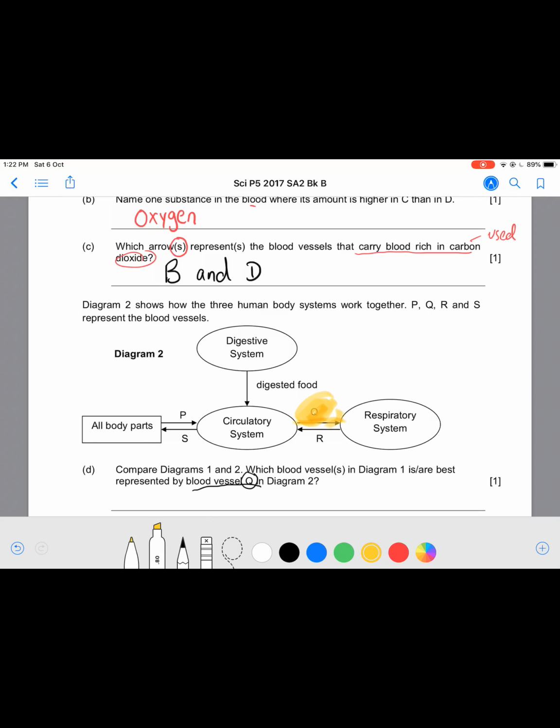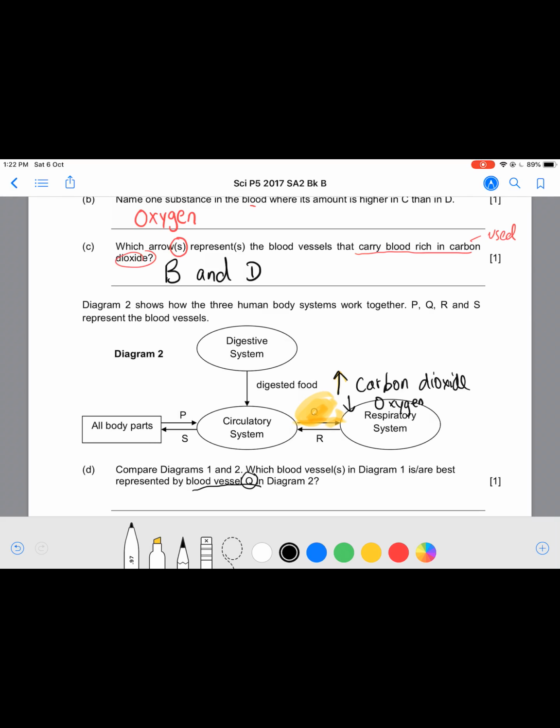So from circulatory system going back to respiratory system would mean that there's a lot of carbon dioxide and very little oxygen, because it's going back to the respiratory system, ready to be exhaled out.